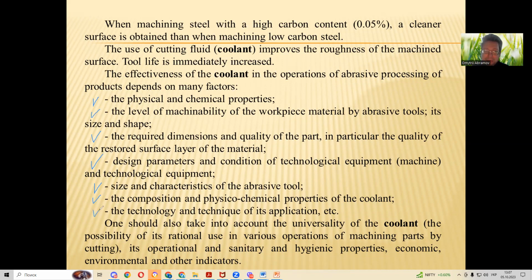Please write down to your notes the factors of the effectiveness of the coolant in operations of abrasive processing.